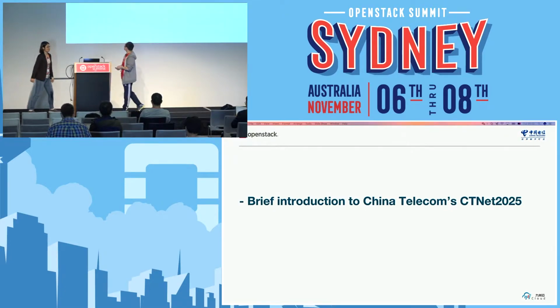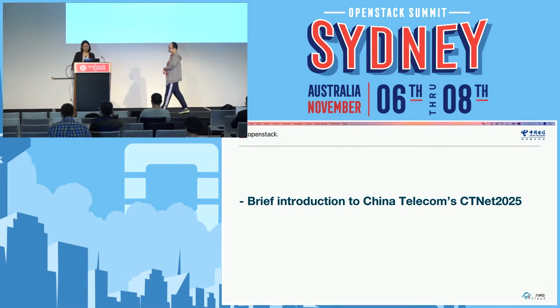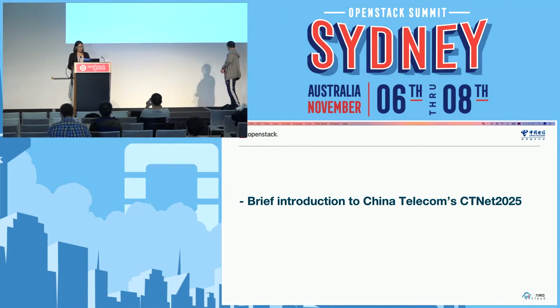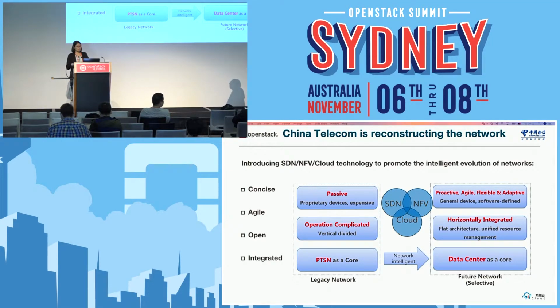So I will first give a brief introduction to China Telecom's CTNet 2025. China Telecom is a large-scale, leading service provider in the world, providing wireline and mobile telecommunication services and other services like cloud computing. Since last year, we started reconstructing our entire network.